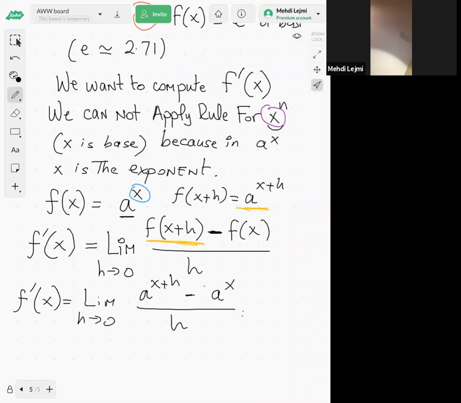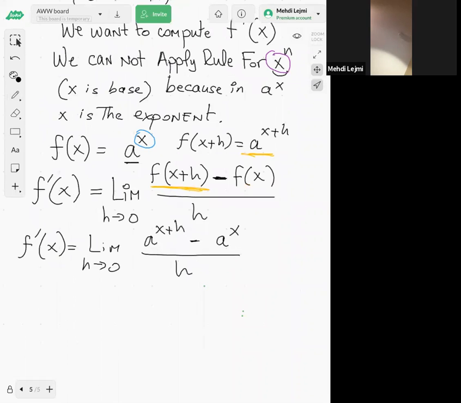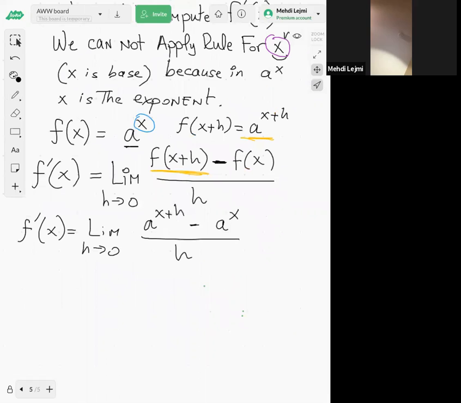So what can we do here, guys? Well, you can see there's a to the x, which is actually a common factor, because you can write a to the power x plus h as a to the x times a to the h.